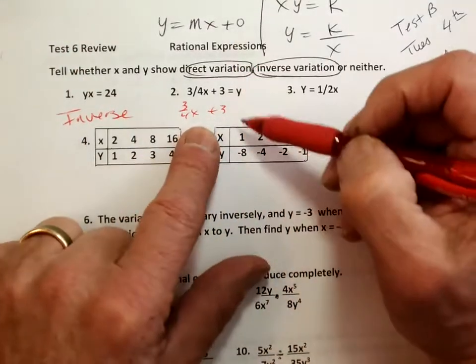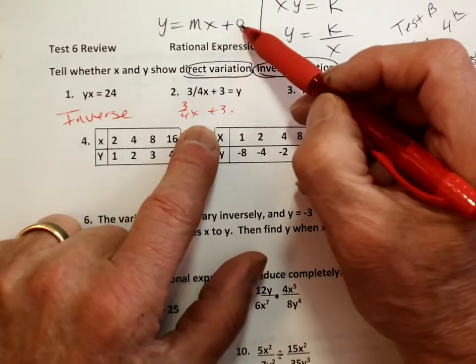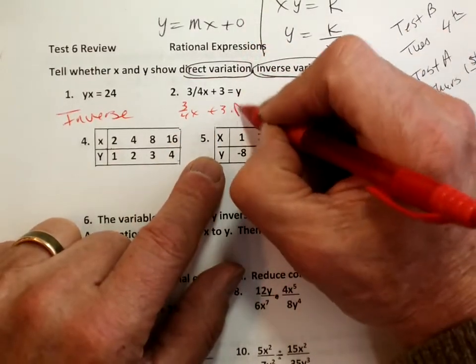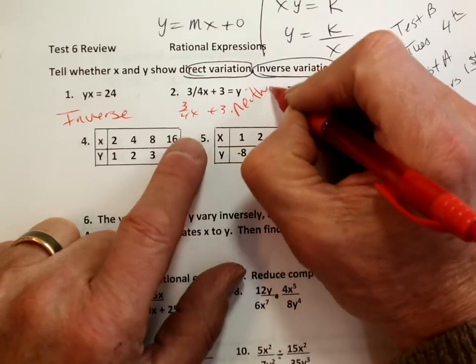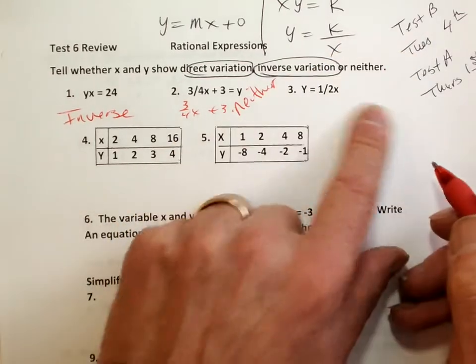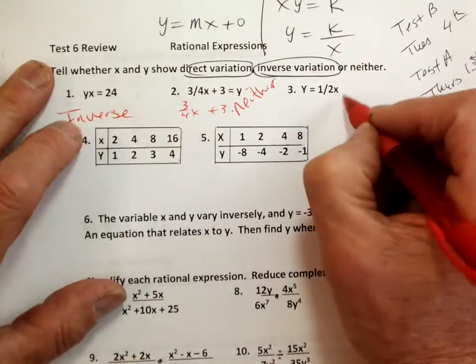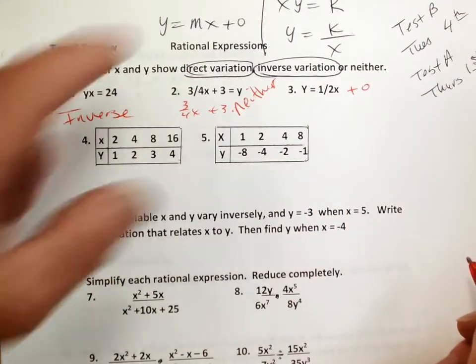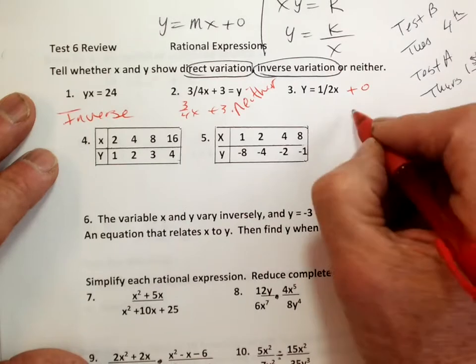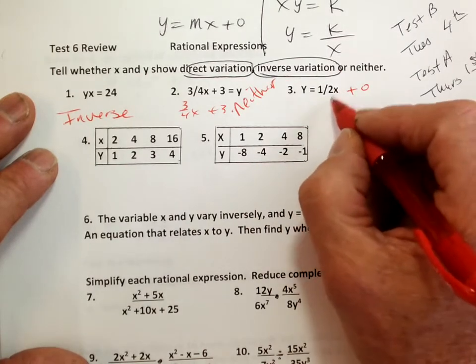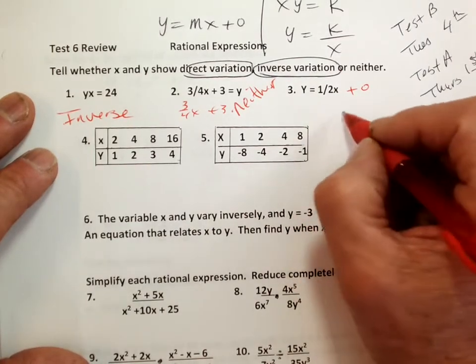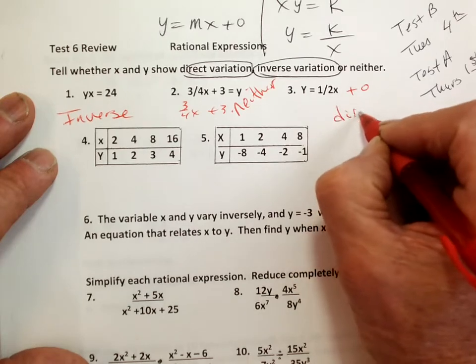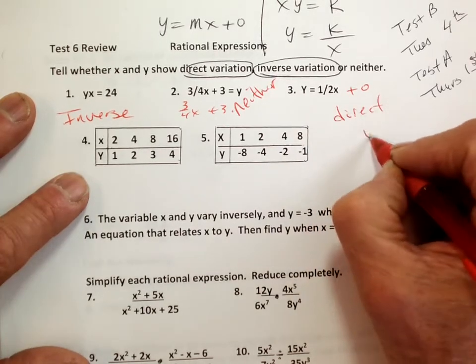It's got a slope, but it has to go through the origin, so that's neither. And then on this one, it's like y equals 1/2 x plus 0. Plus 0 means it's going to go through the origin and has a slope, so this one's going to be a direct variation. It goes up 1/2. It's directly 1/2 as big as the y's, so it is a direct variation.